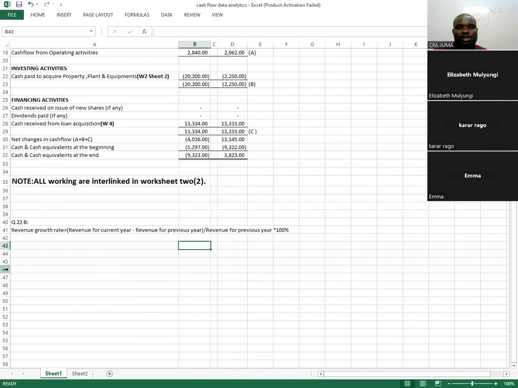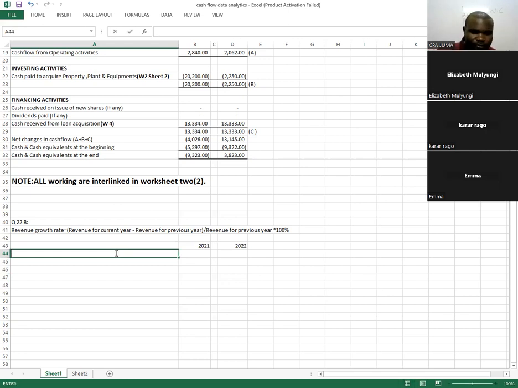For 2022, they want 2021 and 2022, like that. So for 2021, you write here revenue growth rate.